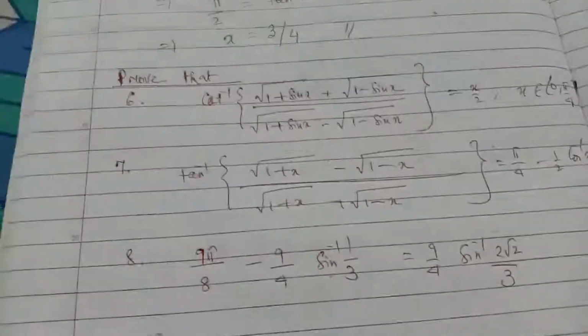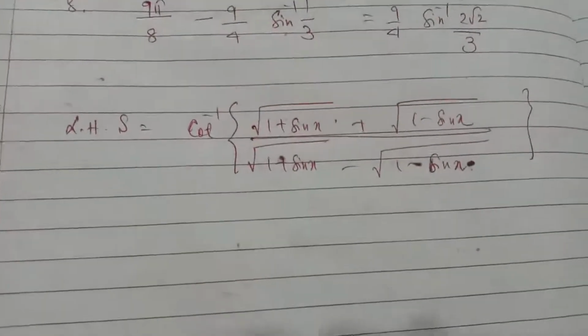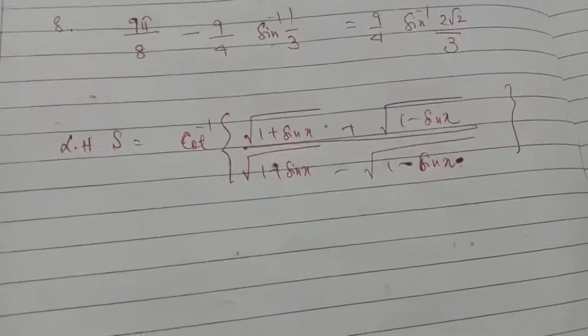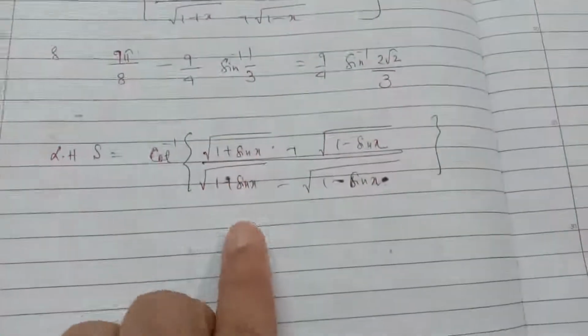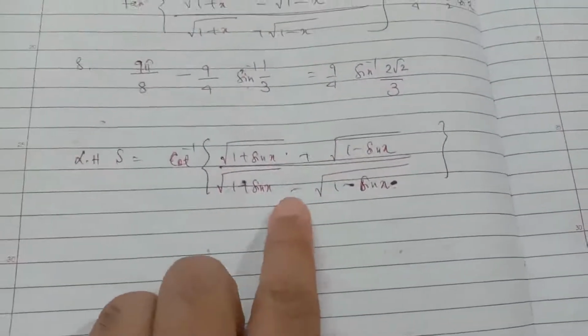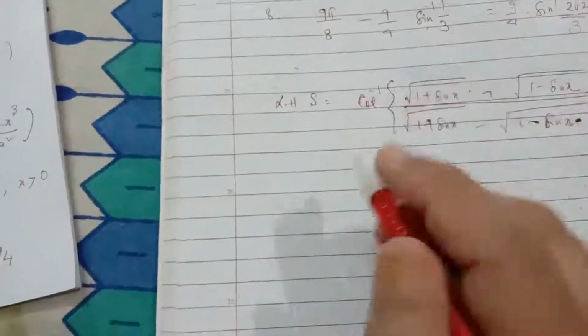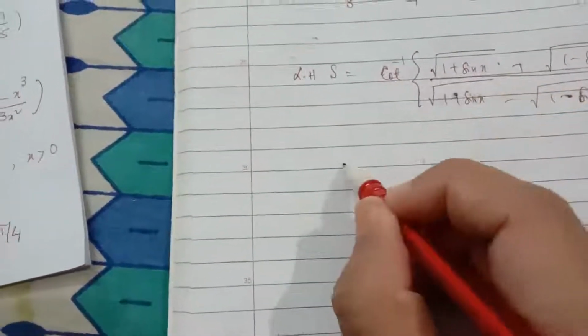Let us start with the left hand side. Cot inverse of (root over 1 plus sin x plus root over 1 minus sin x) divided by (root over 1 plus sin x minus root over 1 minus sin x). Before doing this, let us start with the expression 1 plus sin x.